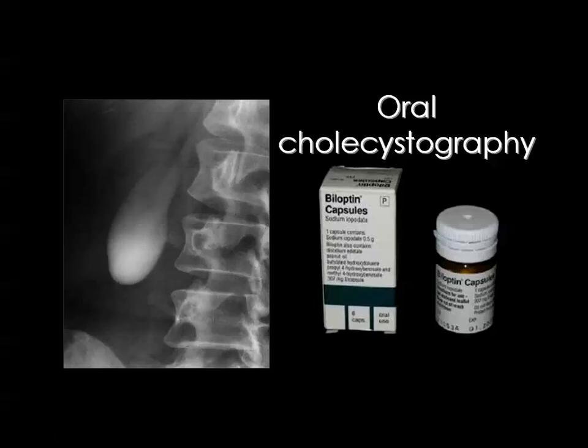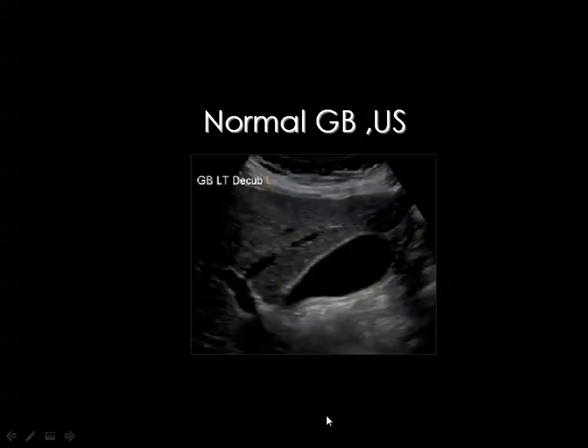During the night these biloptin capsules, or this oral contrast media, will be concentrated by the liver into the gallbladder. Then whenever you have a plain film for the region of the gallbladder, you see the contrast media inside the gallbladder, and you can see the anatomy, and you can see if there are filling defects inside the gallbladder.